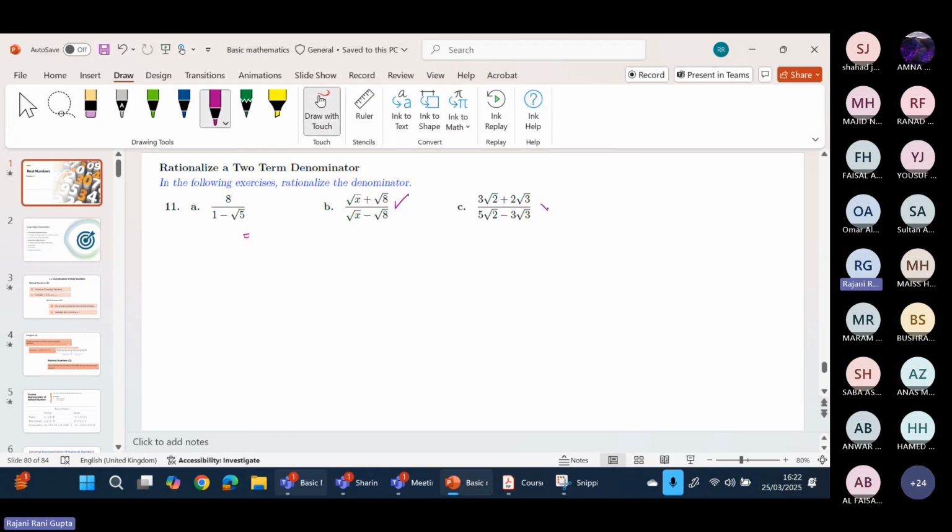First thing I want to know is what will be the conjugate, with which number you will multiply and divide. It will be with plus. Okay. So 5 root 2 plus 3 root 3. And then you work on it in the same way.